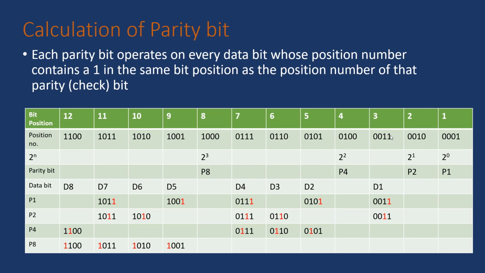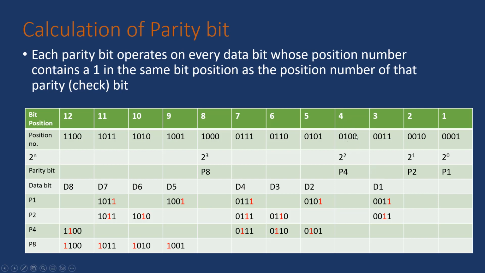We are going to calculate that bit. So data bit 1 in position 3 here has a 1 in the least significant bit position, so we are going to calculate this data bit 1.